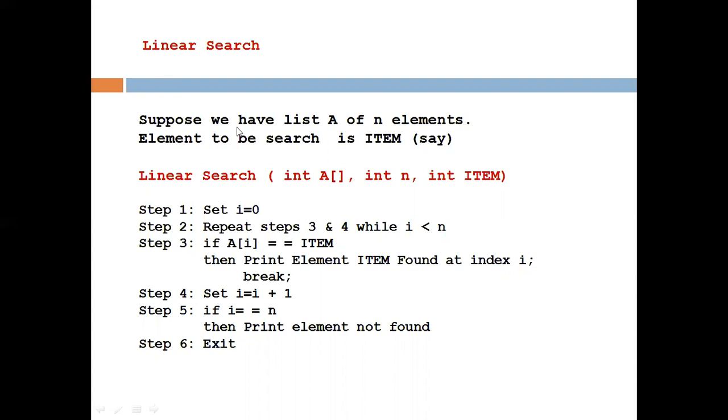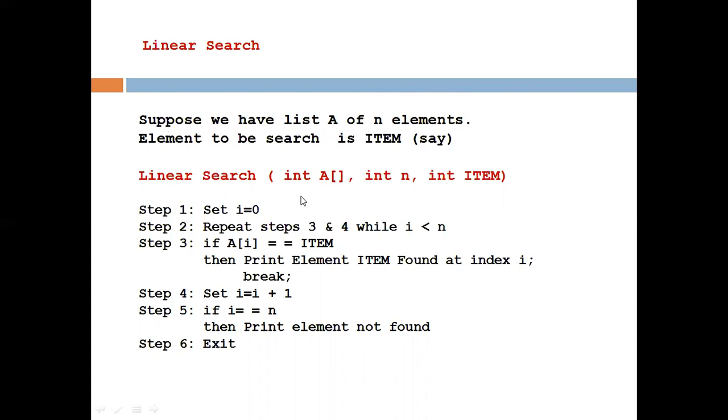So suppose we have an array, a list, say A, capital A, of n elements. Suppose in this array there are n elements and we want to search this item. So this is the given element we want to search.